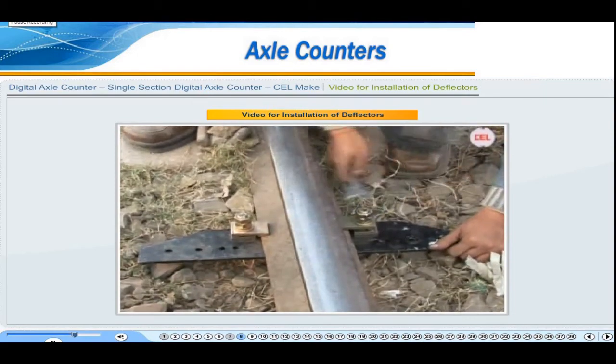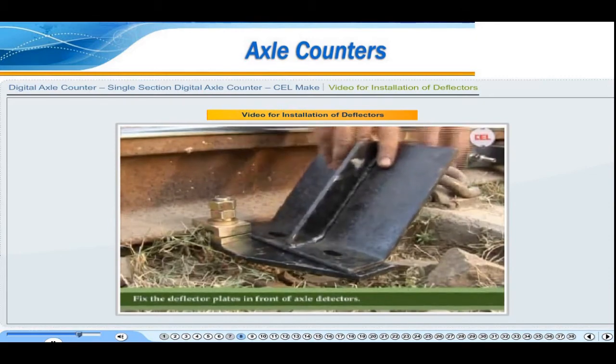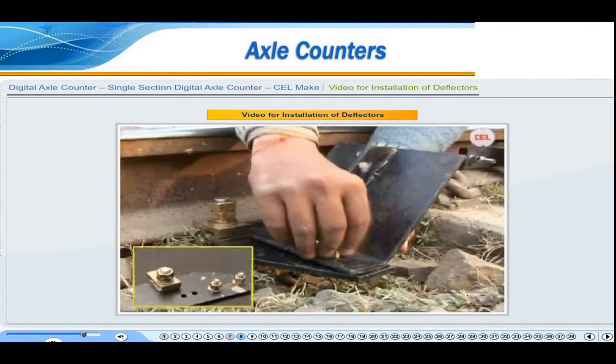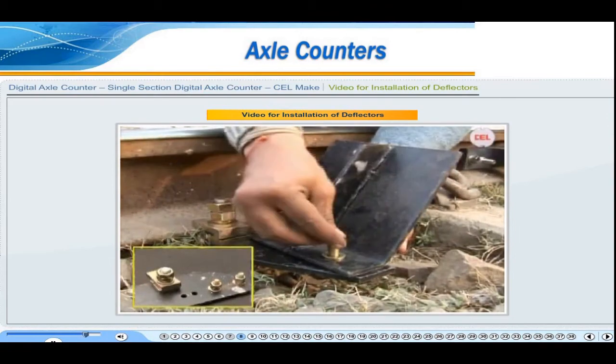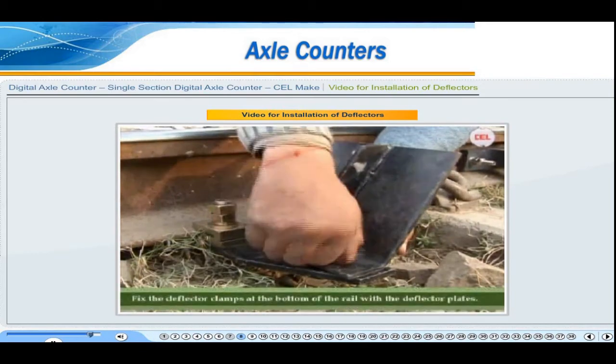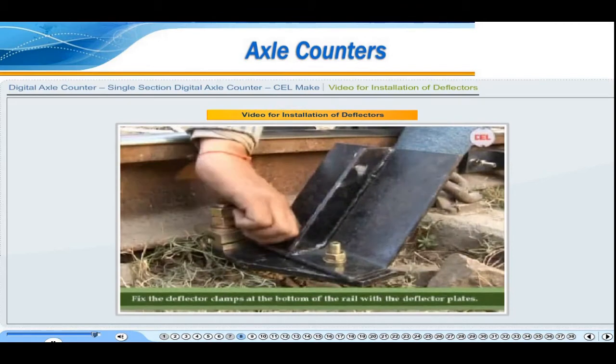Fix the deflector plates in front of the axle detectors. This will ensure that the fittings are protected against any damage from the hanging parts of a moving train. Fix the deflector clamps at the bottom of the rail with the deflector plate using bolts and nuts on each side.